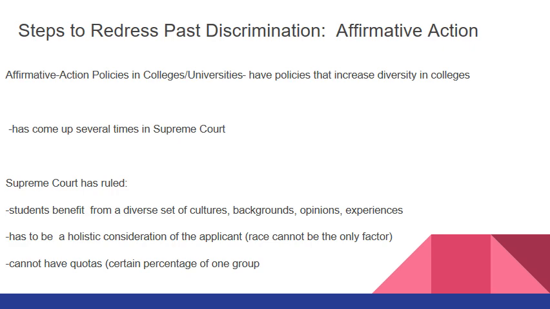So first of all, the Supreme Court ruled that students benefit, regardless of their race, from attending universities that have diversity, that have students of diverse cultures, backgrounds, opinions, and experiences. And so institutions of higher education, colleges and universities, have a right to work to increase the diversity of their student population.